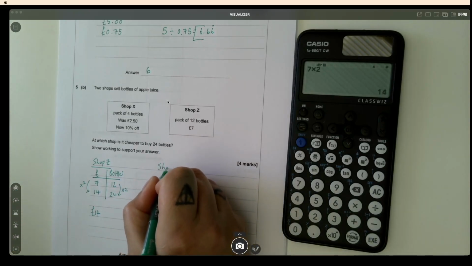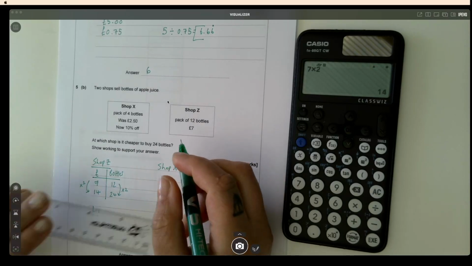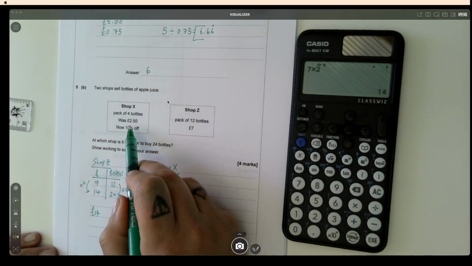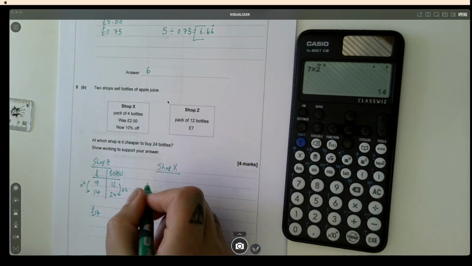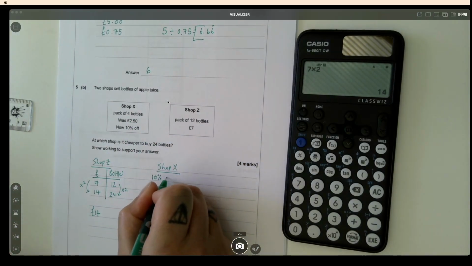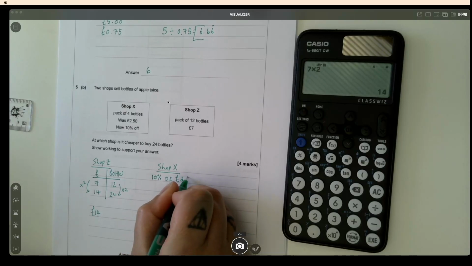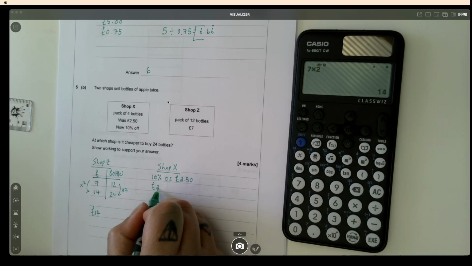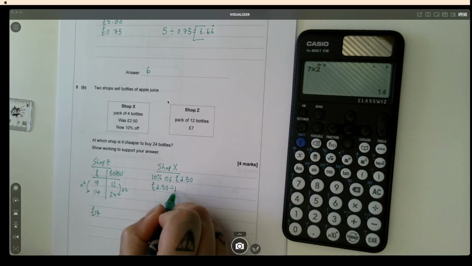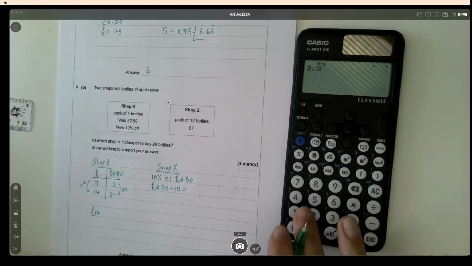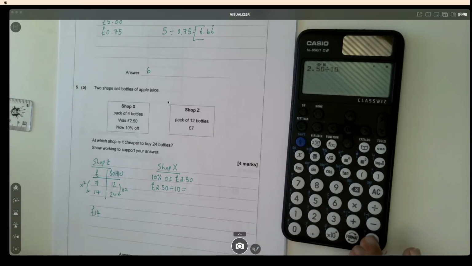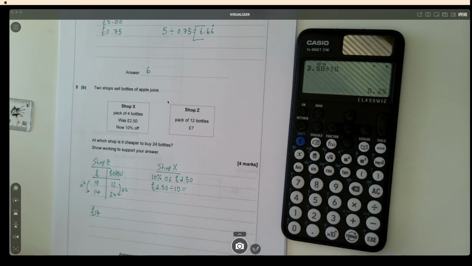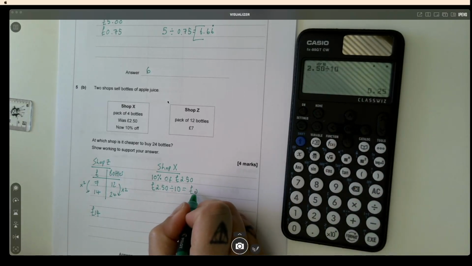Now we're going to look at shop X. This one's a little bit trickier. So we get 4 bottles for £2.50, but there's 10% off. So the first thing we need to do is find 10% of £2.50. So to find 10%, we divide by 10. So £2.50 divided by 10 is equal to 0.25.